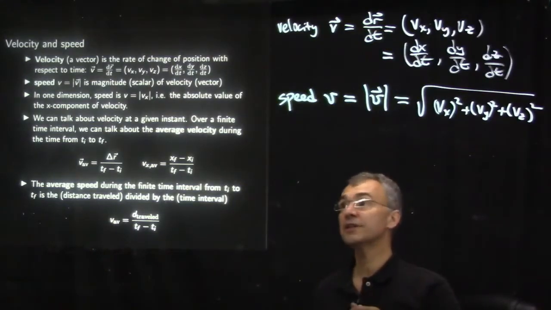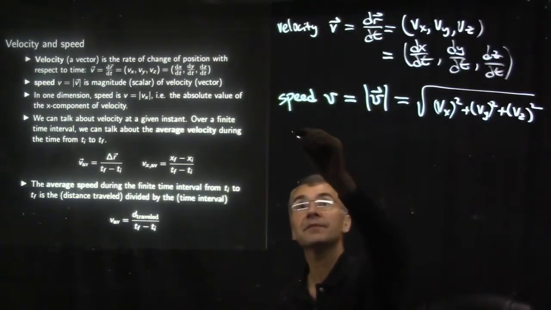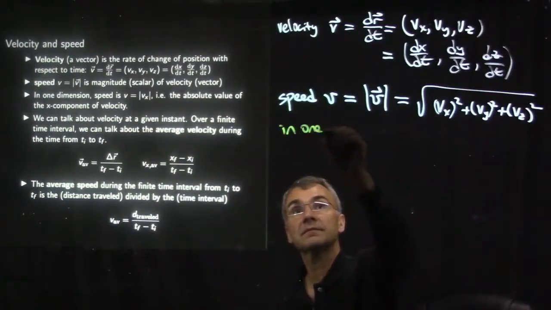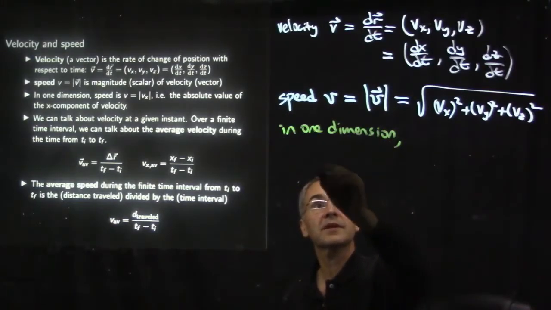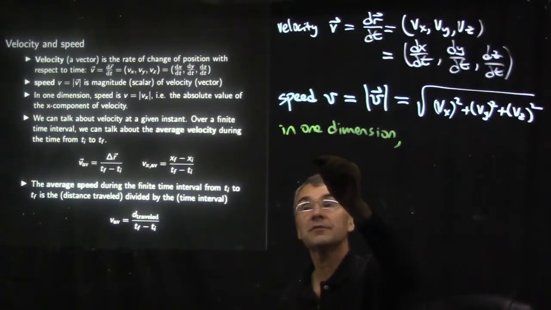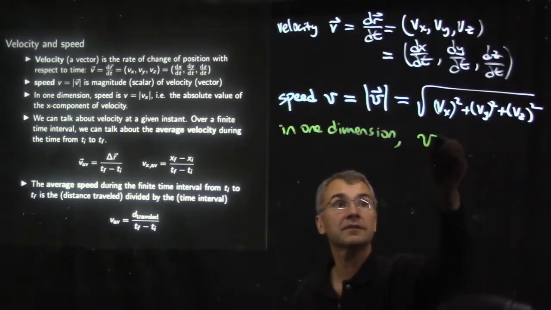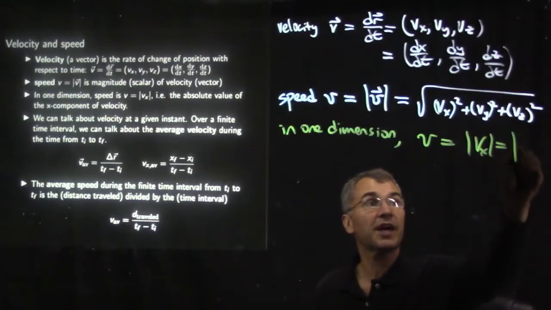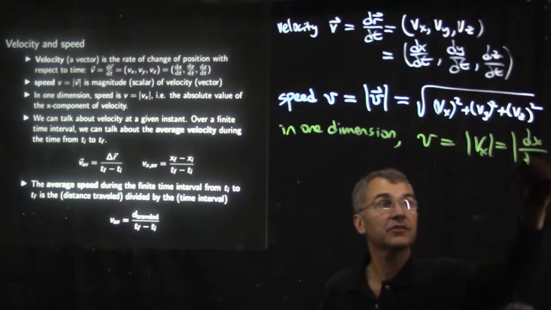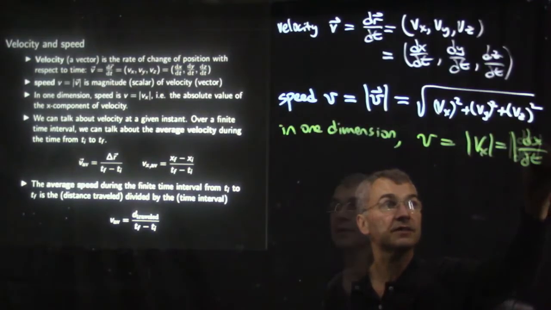So in 1 dimension, the speed v is just the absolute value of v sub x, which is the absolute value of dx by dt.